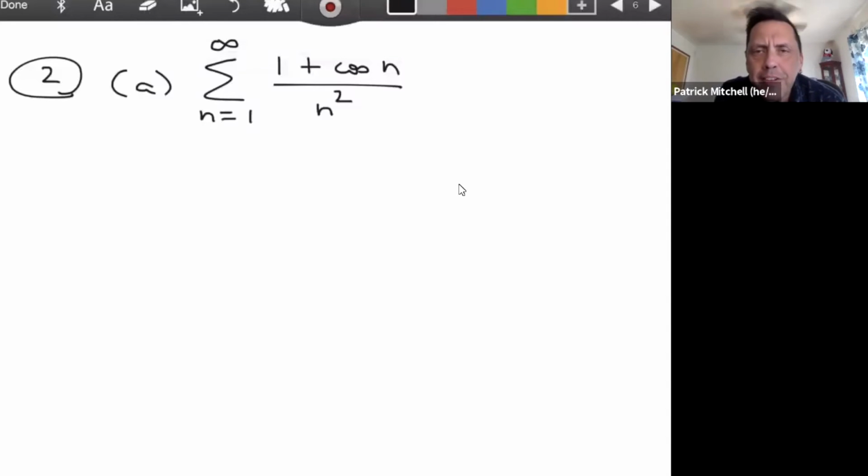All right, that brings us to our last batch of examples. The instructions for this set of examples said use any method to determine if the series converges or diverges. So let me just say a few words about the direct comparison test versus the limit comparison test. I tend to try to use the direct comparison test when I can because it tends to be a little easier.